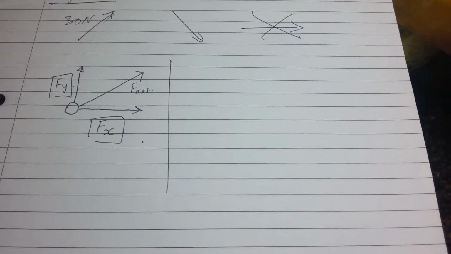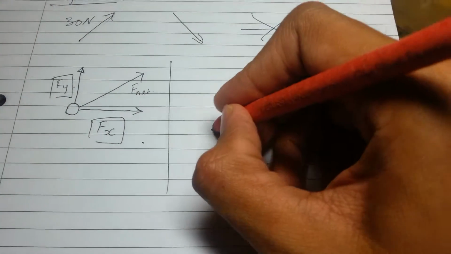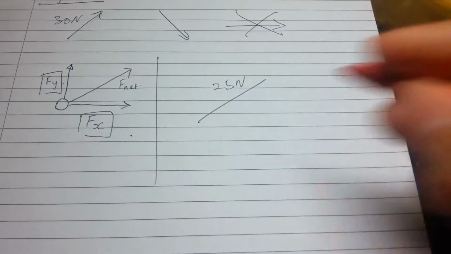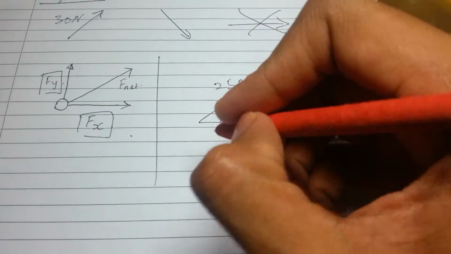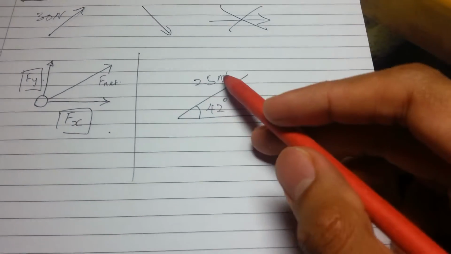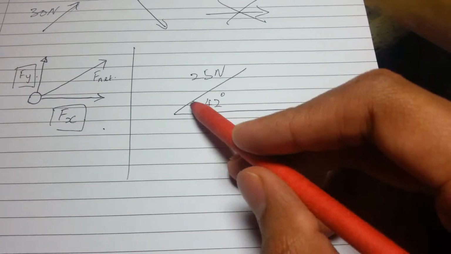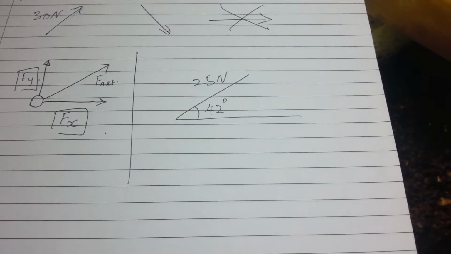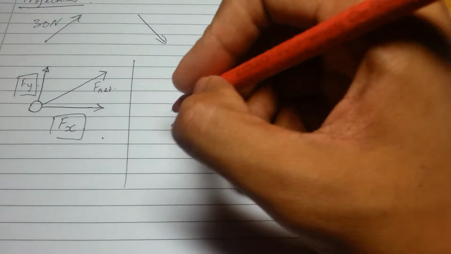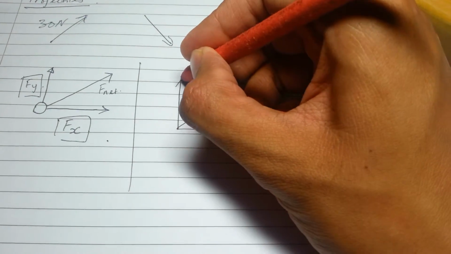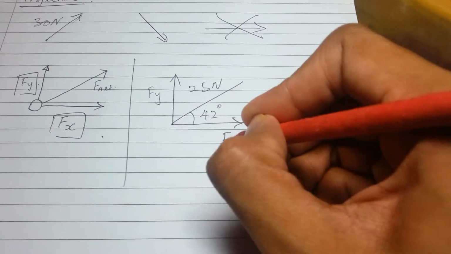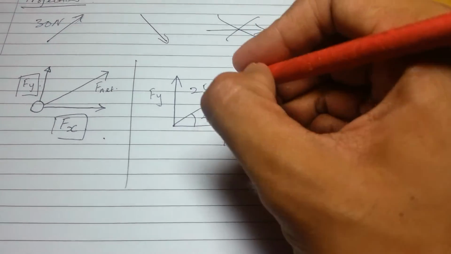So in one of the examples you give me, there is a force that goes up and it's 25 Newton, and then they say that it is at an angle of 42 degrees. I think it's the first example you give me. So the first thing that you can do is to find the Y component and the X component of this 25 Newton.